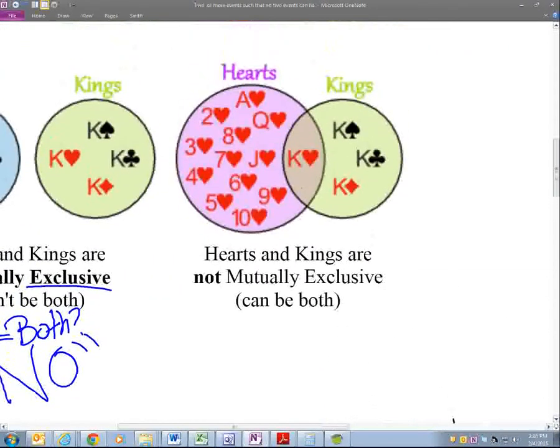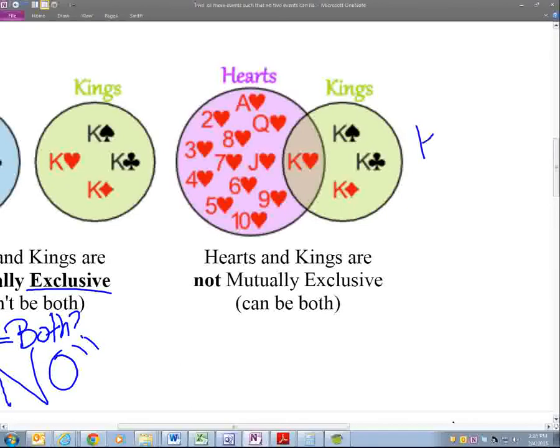Then there's a situation like this. Can you have probability of hearts or king? Heart or king. Can those happen at the same time?